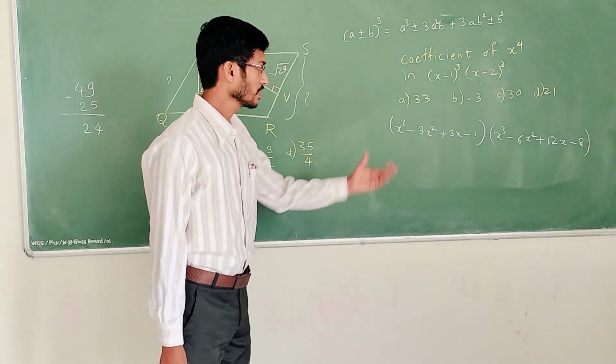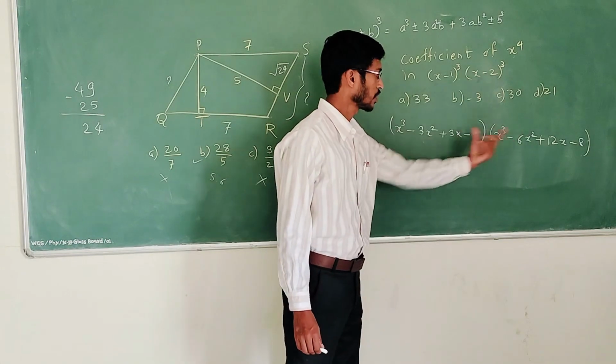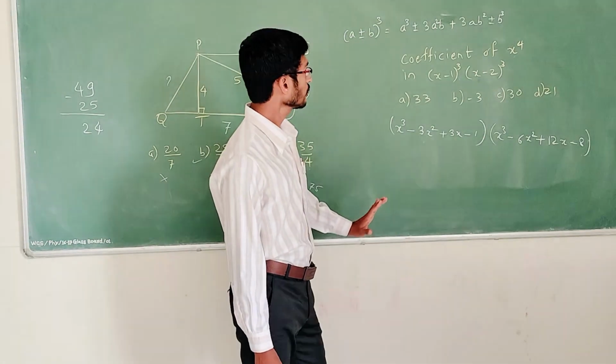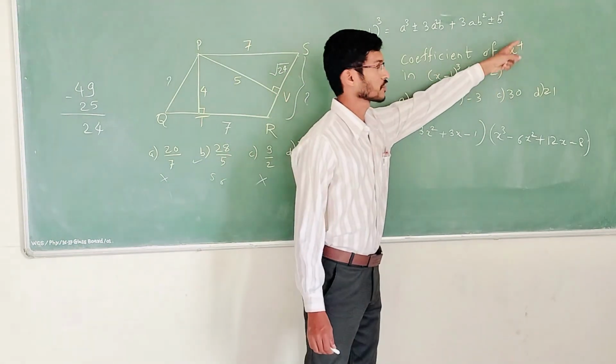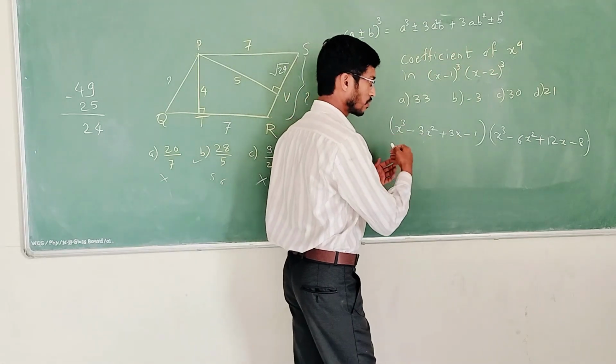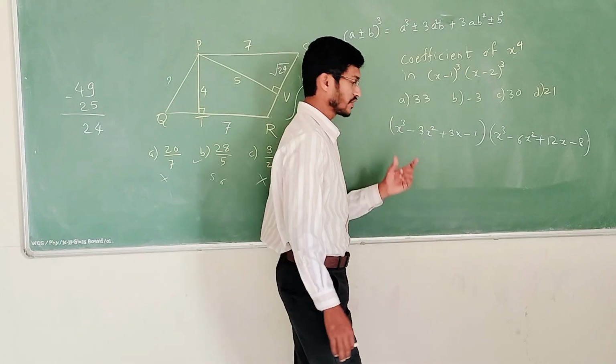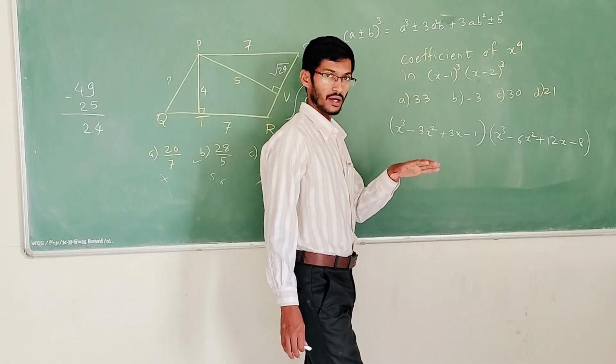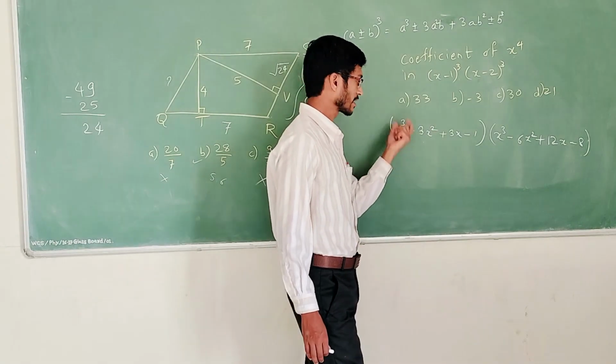So these two are the expansions of this polynomial. And now I want the coefficient of x raised to 4. So I will only multiply those terms whose multiplication will give a result in x raised to 4.